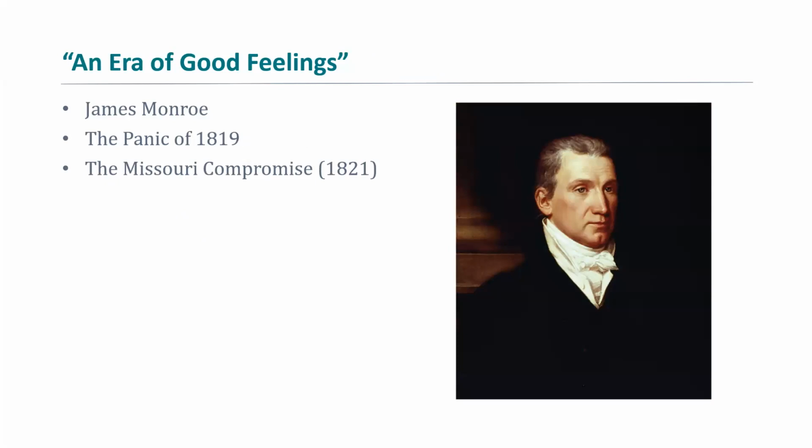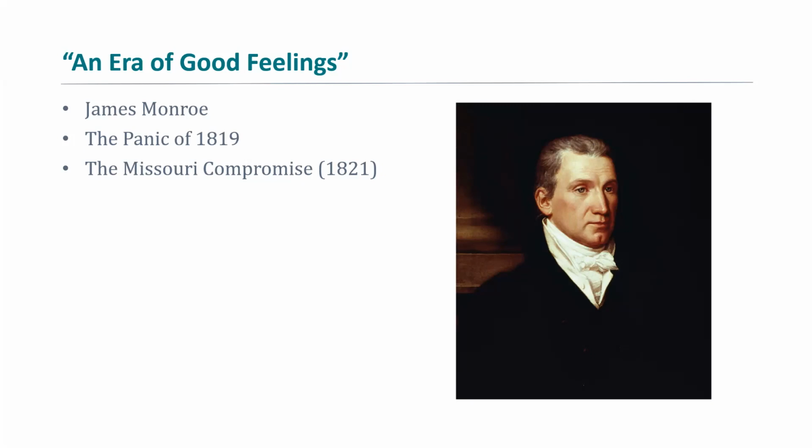The era of good feelings. So Monroe is our last founding father. Monroe becomes president of the United States in 1817. And when he takes over, again, we've had some ebbs and flows with the economy in the U.S. Monroe took over a fairly good economy.